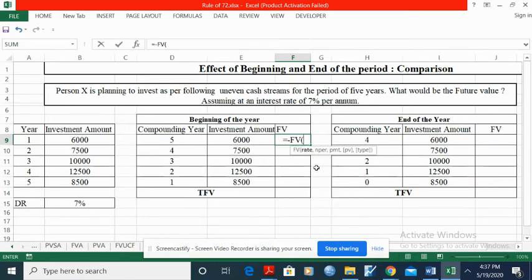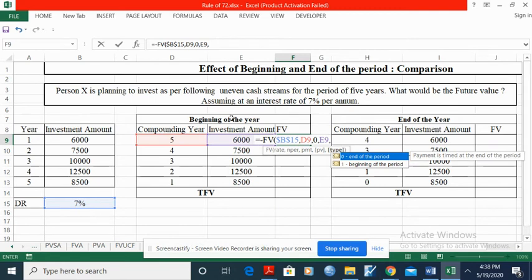Double click here. The interest rate is 7%, so this rate remains the same; please lock the cell. Number of periods: select this cell reference. PMT is 0 here, then present value: select this cell, 6,000 rupees. Type: please understand this is the beginning of the period, so choose 1.